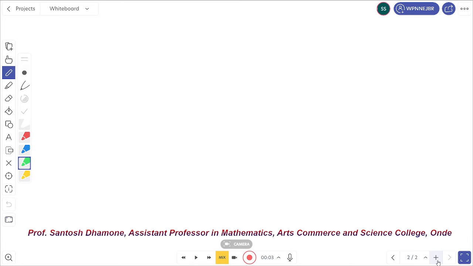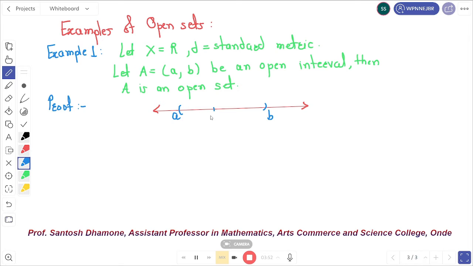This (a, b) is an open interval. Suppose there is a point x in between the open interval (a, b).